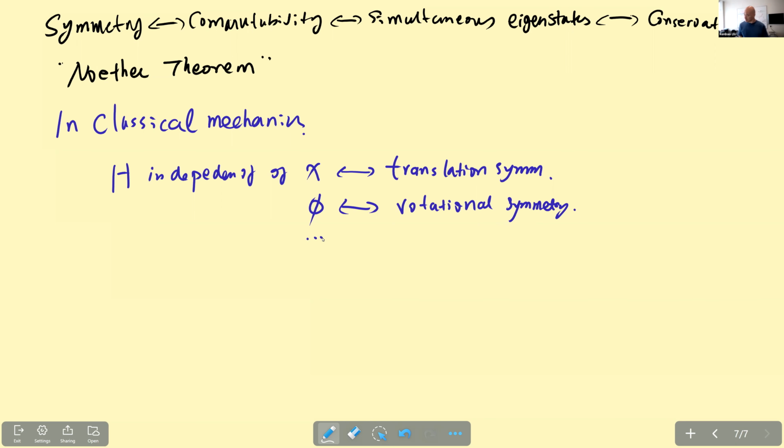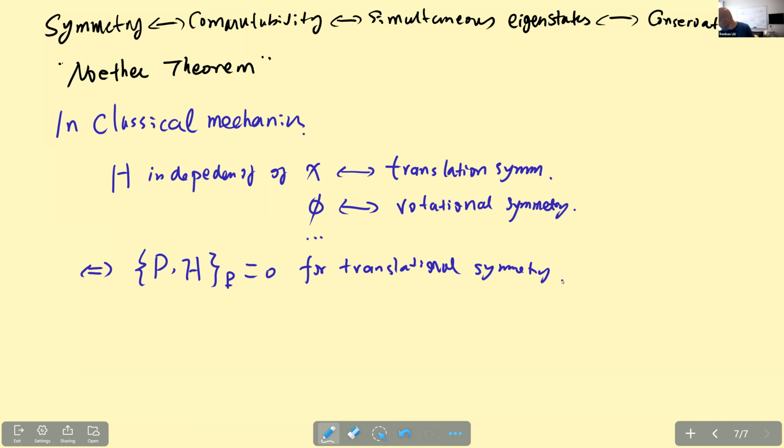And if I have this, then we know that there will be a conserved quantity, the momentum, and the Poisson bracket with the Hamiltonian equal to 0, for a system with translational symmetry.